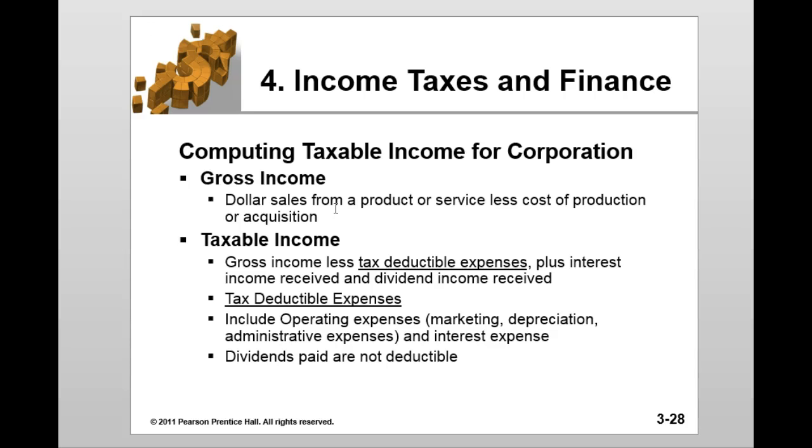Okay, and then you have to look at taxable income, and that's gross income less tax deductible expenses, plus interest income if you've received any, and any dividend income you may have received from your investments. So what are tax deductible expenses? Well, those are your operating expenses and your interest expense. Dividends paid are not tax deductible. So that is never included in the income that's going to be taxed.